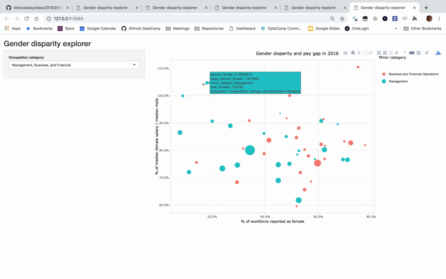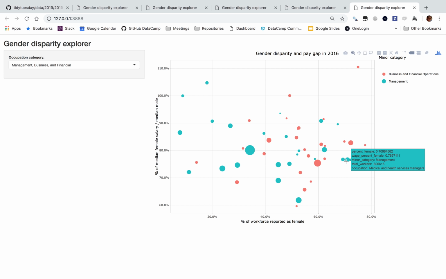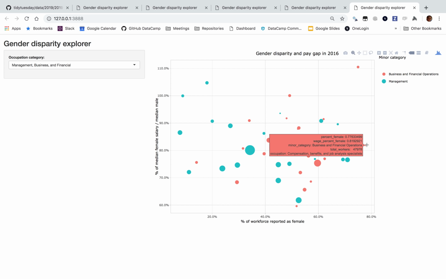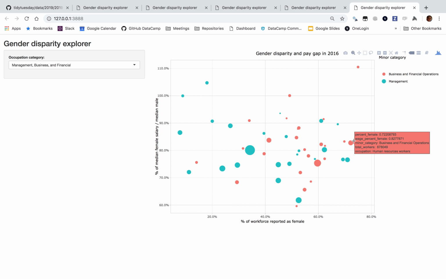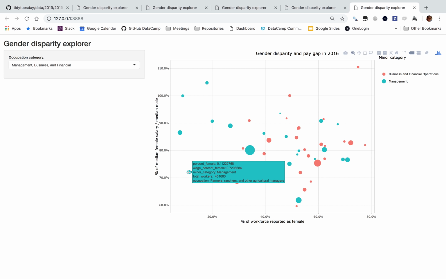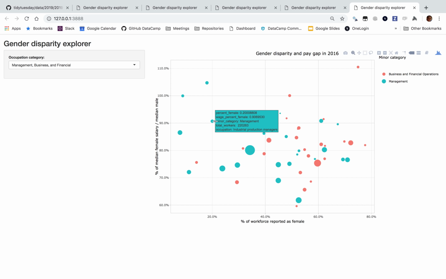And yes, I can see management. There is not a real correlation between areas. The occupations that are more female, like compensation, benefits, job analysis specialists, or human resources workers, don't necessarily have a greater wage gap than ones that are mostly male, like construction managers or farmers, ranchers, agricultural managers.